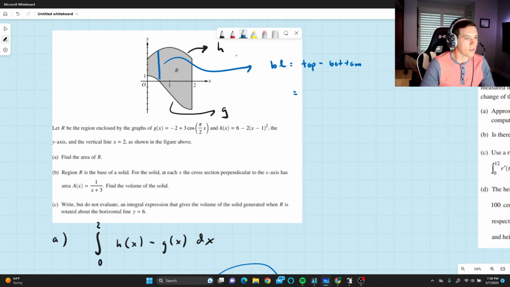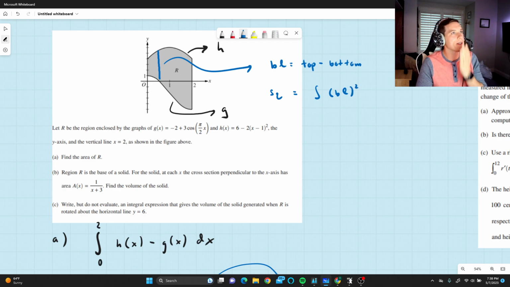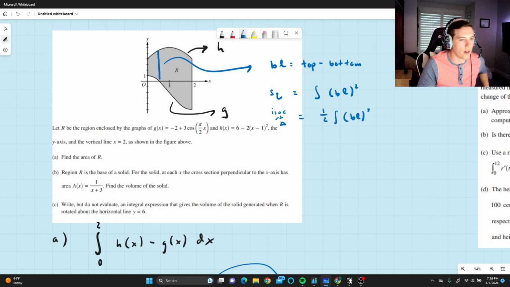Top minus bottom. So usually when you're doing a square, it's just the accumulation of the base length squared. Top minus bottom squared, no coefficient. If it's an isosceles right triangle, it's a 1/2 accumulation of the base length squared.